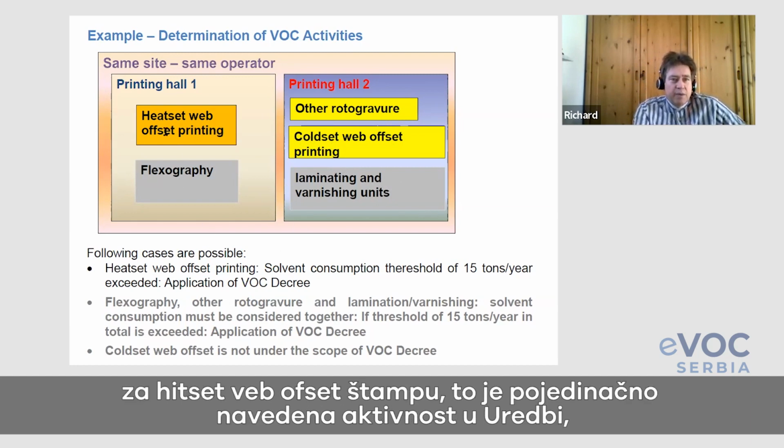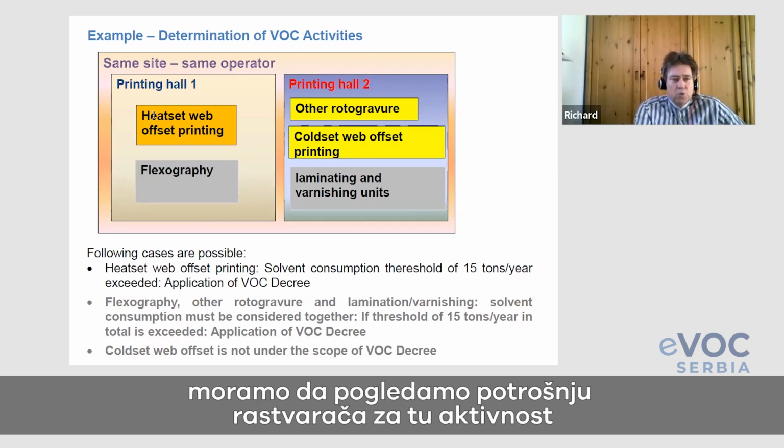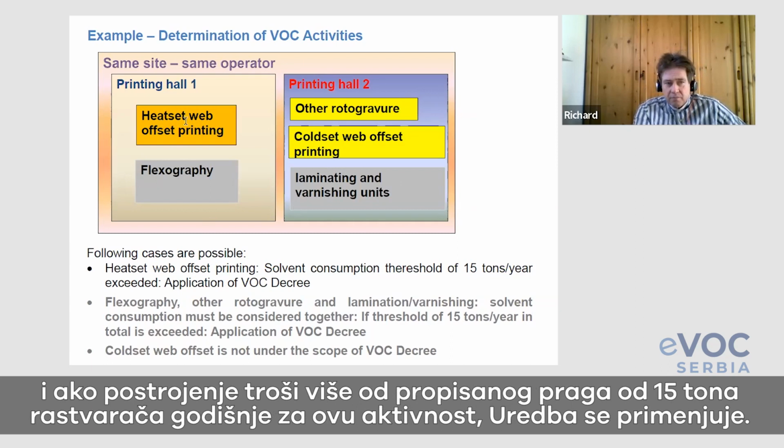The heatset web offset printing is an individual listed activity in the VOC decree. So we must look at the solvent consumption of that activity. And if the threshold of 15 tons is exceeded, then the VOC decree will be applied.